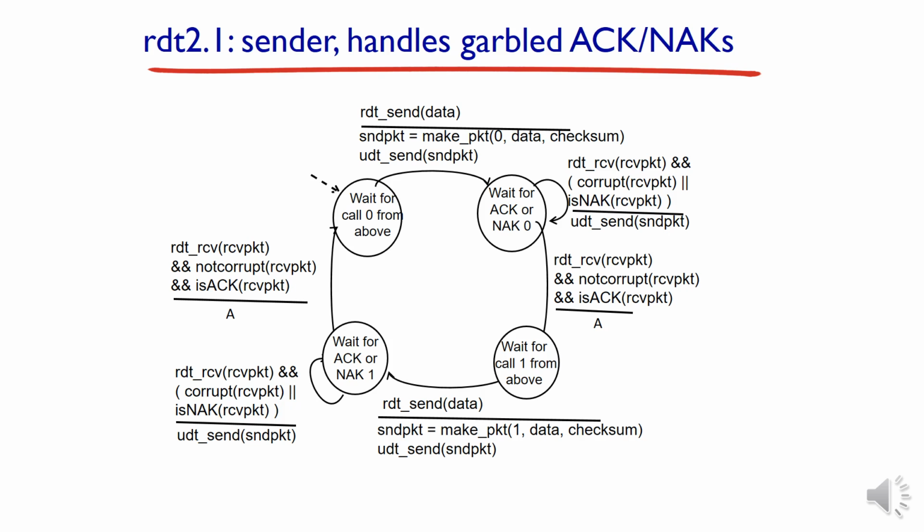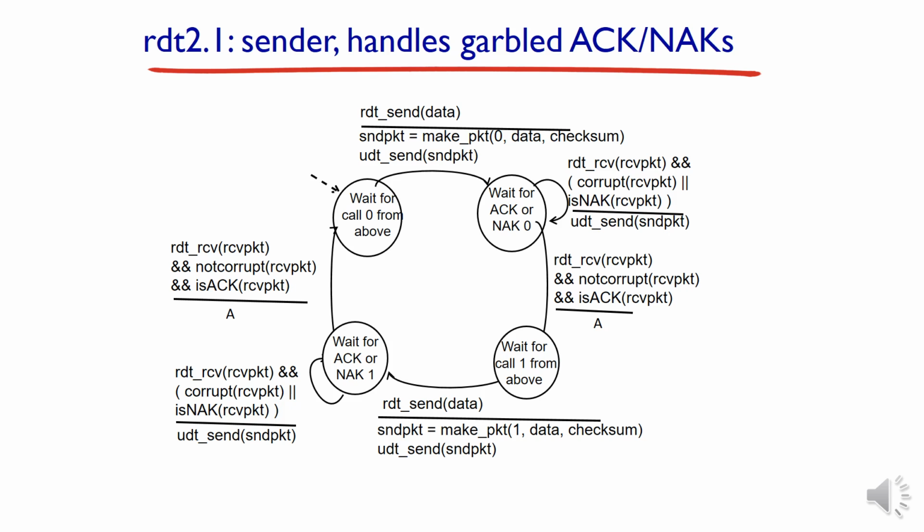If the ACK arrives from the receiver, it says that the packet arrived correctly. If a NAK is received by the sender from the receiver, it means the packet has some mistakes or checksum errors. So the solution taken by the sender is to retransmit the packet which is erroneous.